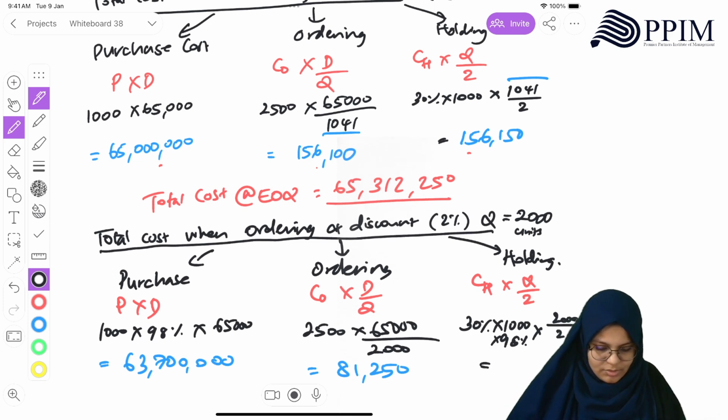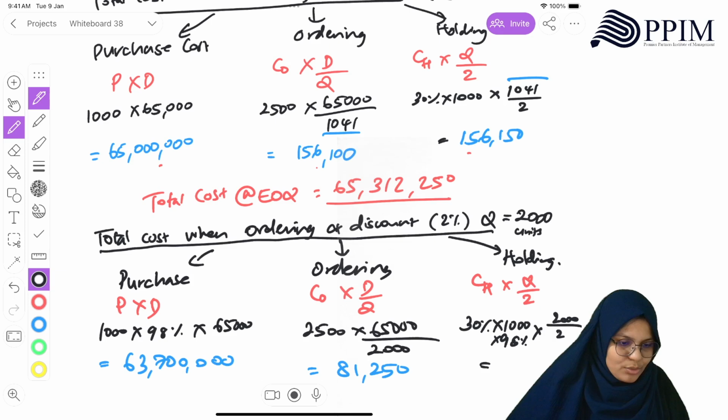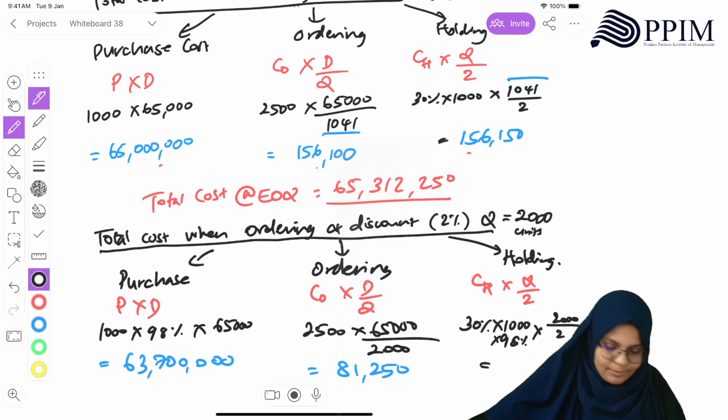So 1000 into 30% into 98%, that will be 294,000.